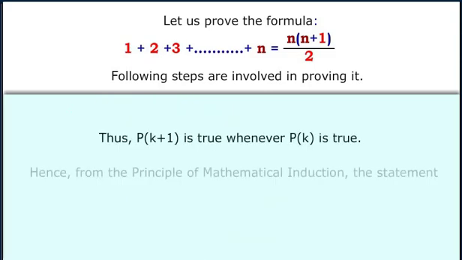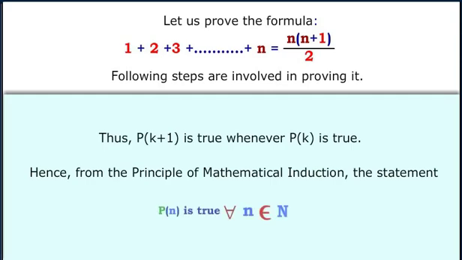Thus, Pk plus 1 is true whenever Pk is true. Hence, from the principle of mathematical induction, the statement Pn is true for every n belonging to the set of natural numbers.